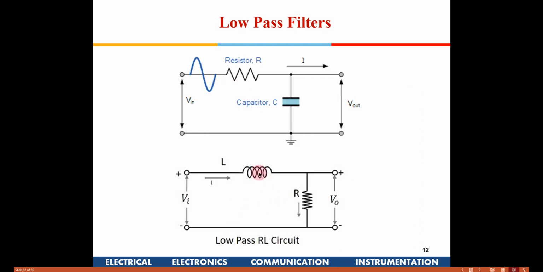Similarly, when we have an L and R in this configuration, at low frequencies, L omega is very low, so it will not offer any impedance, and the signal will be available at the output. At high frequency, L omega becomes large, so the signal will get dropped across the L omega, and there will be no output. So this is known as a low pass filter.